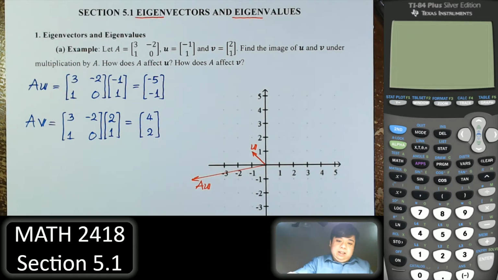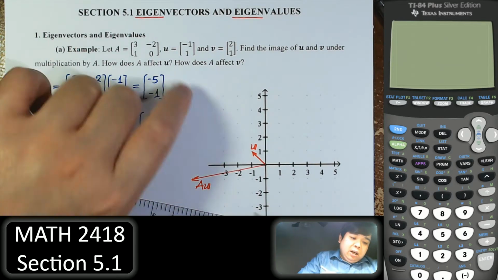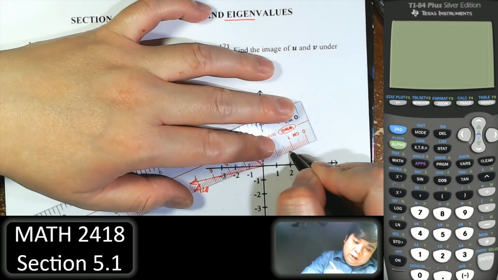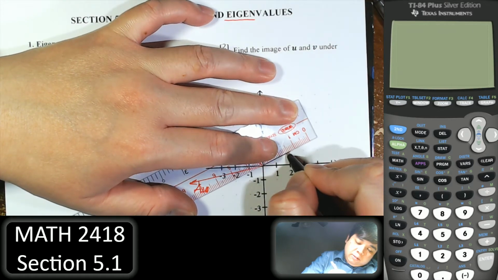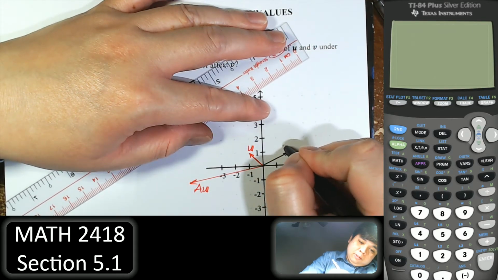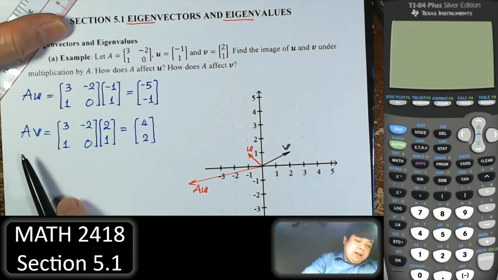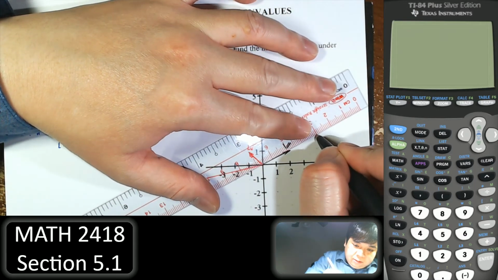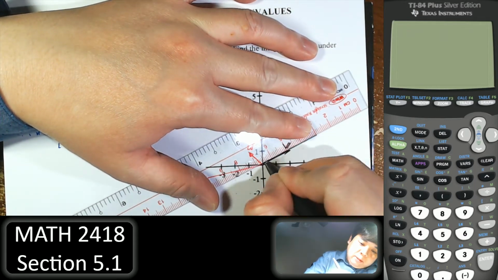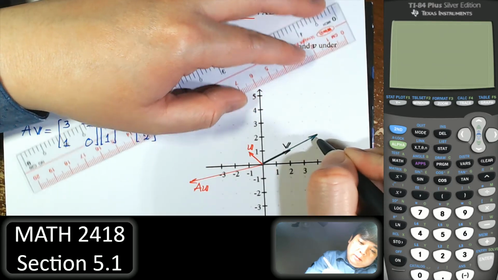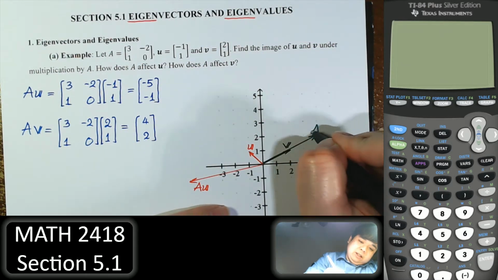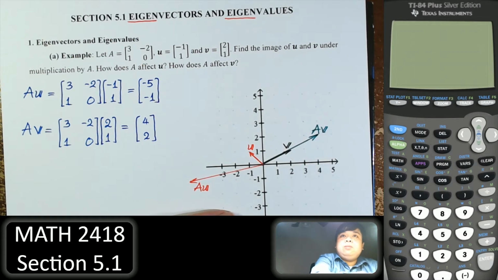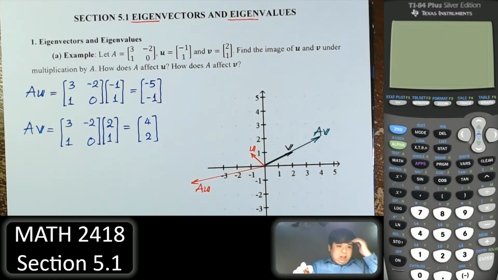Now v is 2 and 1, and then A times v is 4 and 2, and that is Av. Right. Now first observation: v and Av are on the same line. So that's nice. How about we do something else?